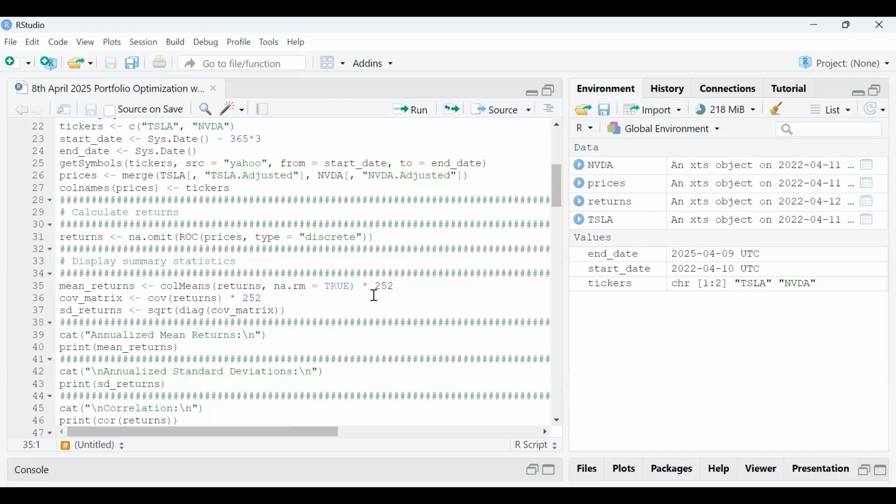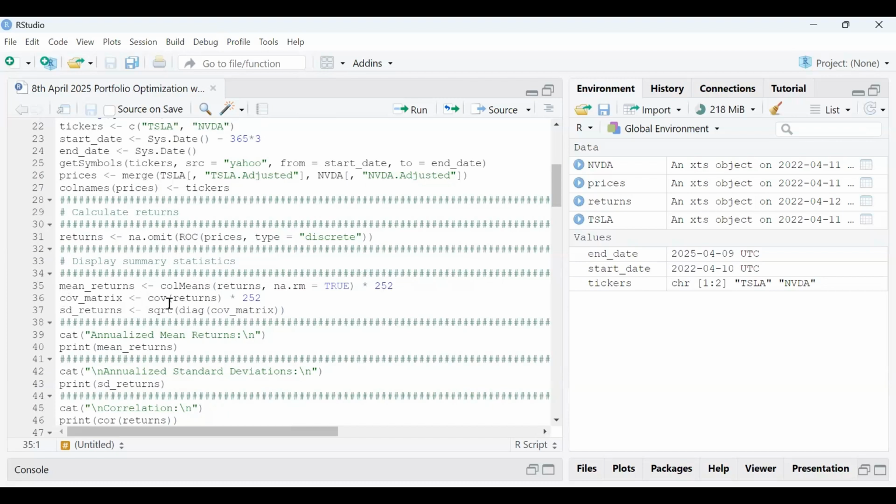Now take note that over here, I'm using 252, because there are 252 trading days in a year. So this data I took, which is 365 days, will have gaps in there, which will exclude weekends and then some holidays.